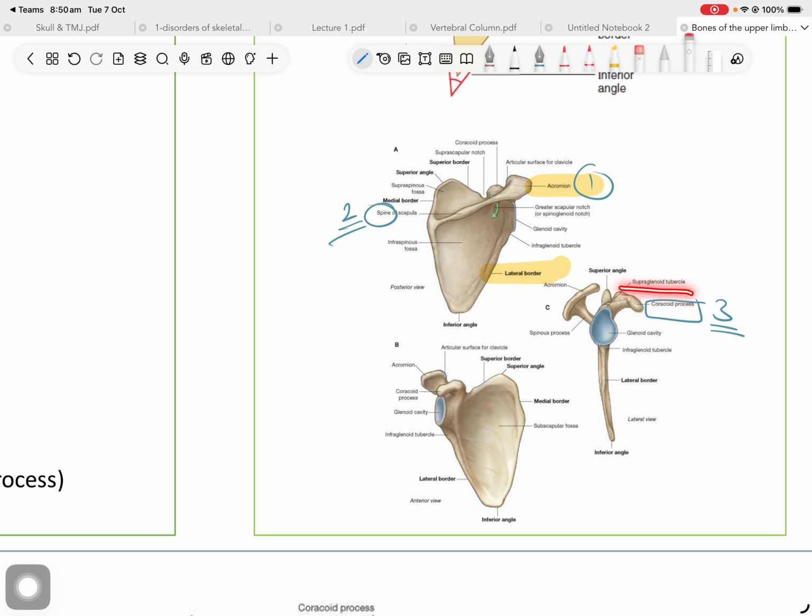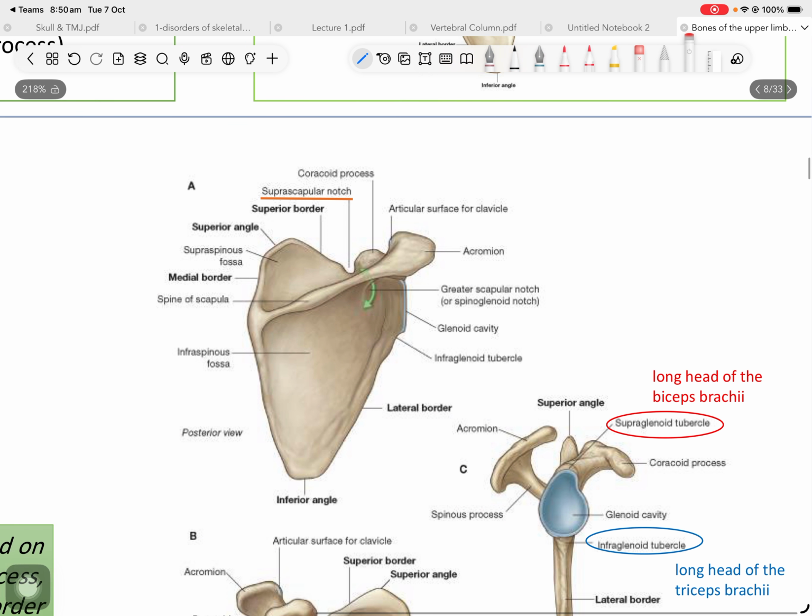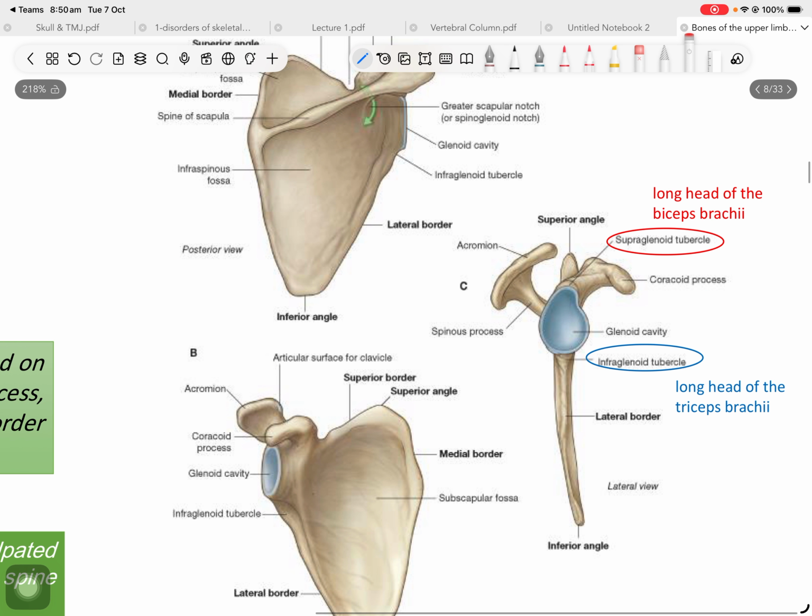It also gives attachment for the long head of biceps brachii muscle. And inferior to this cavity, I have the infraglenoid tubercle. It is a site of attachment of a different muscle. We call it the long head of triceps brachii muscle. Okay?